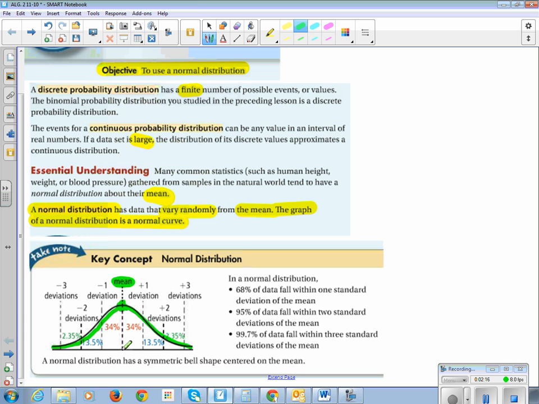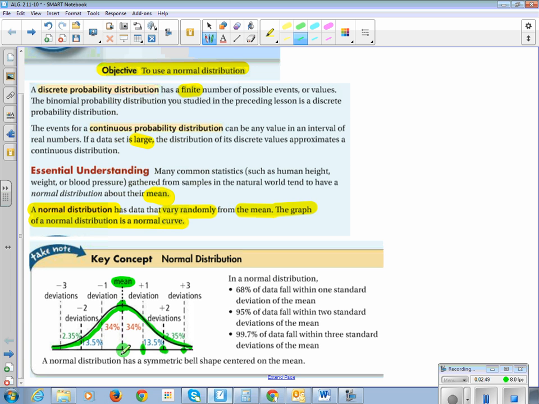So if you start at your mean and go to the right, one standard deviation, that makes 34% of your data points between your mean and your first standard deviation. Then 13.5% of your data points are between your first and second standard deviation, and 2.35% of your data is between the second and the third standard deviations.